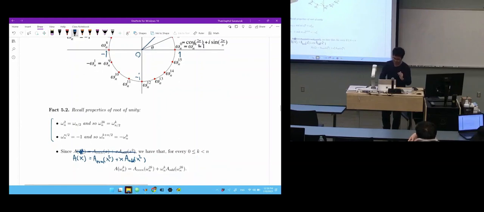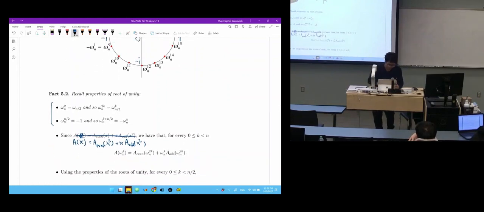The point of the algorithm is that A(x) can be written as A even and A odd in this way, which means that if you want to evaluate A at all the roots of unity, which is omega to the k for all k ranging from 0 to n-1, you just use this equation and you get this thing.